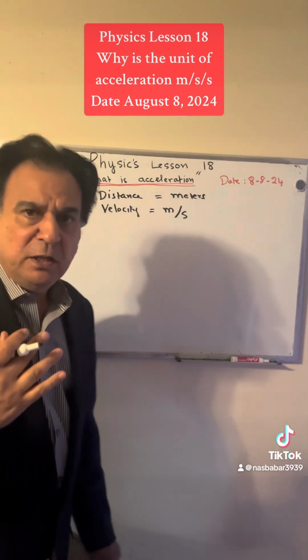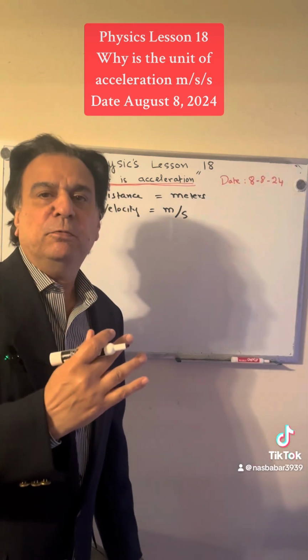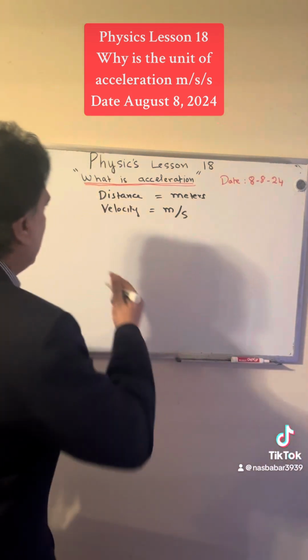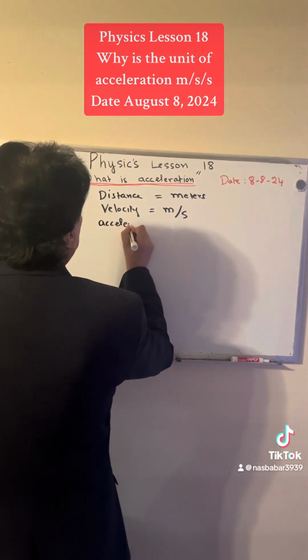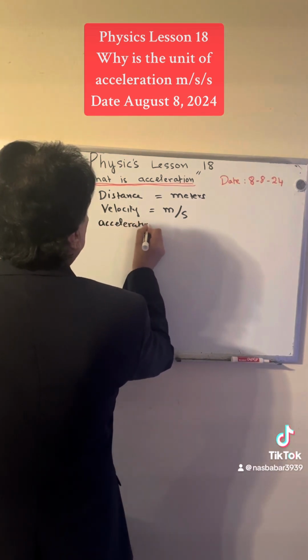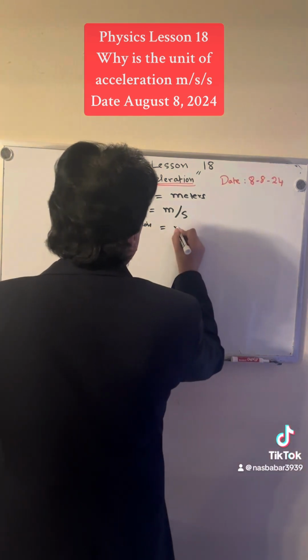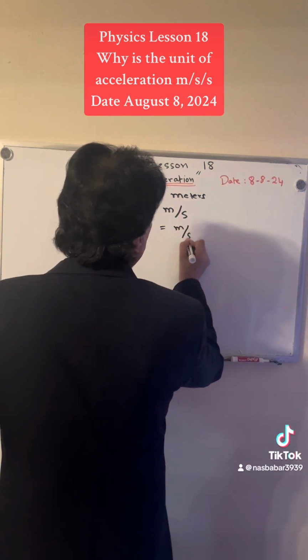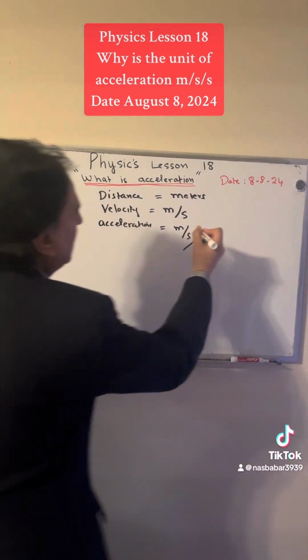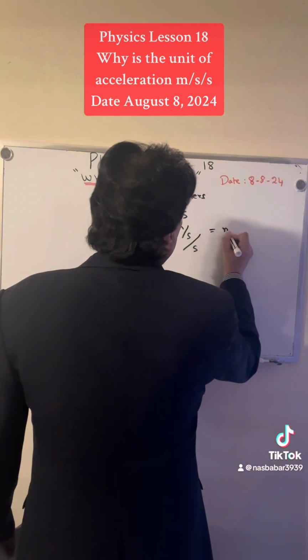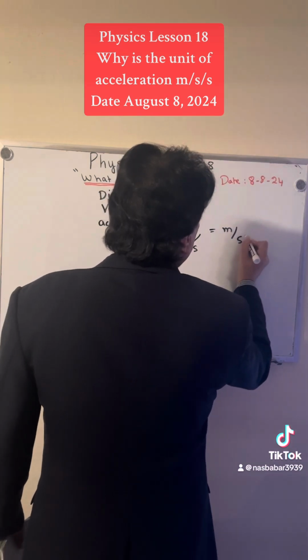And that is where a lot of students get confused when they see what the unit of acceleration is. They ask a lot of questions and get confused. It is basically meters per second per second. If you do the algebra, you can make this meters per second square.